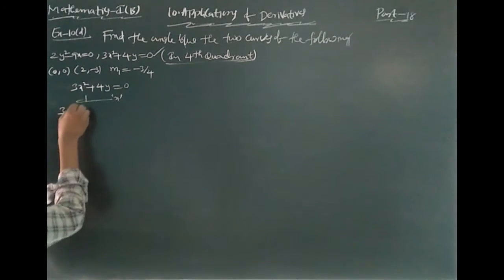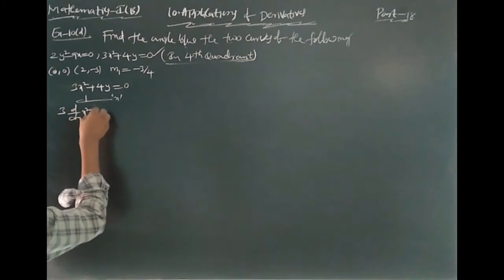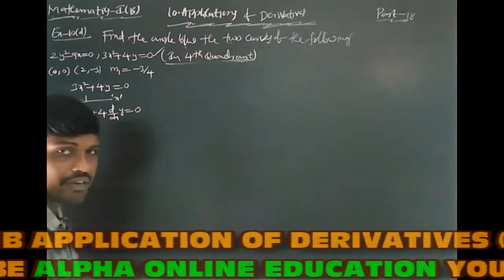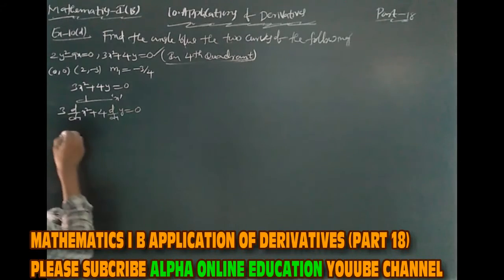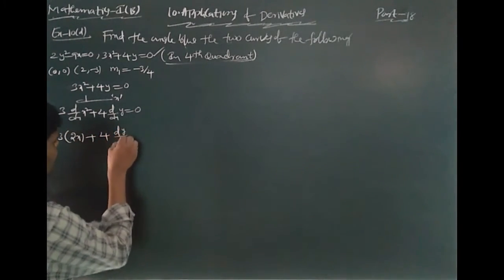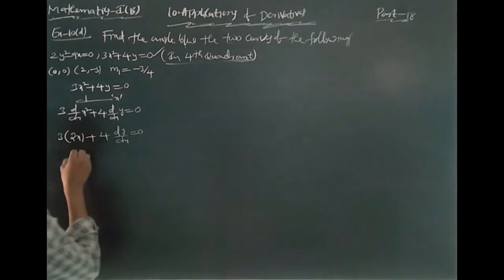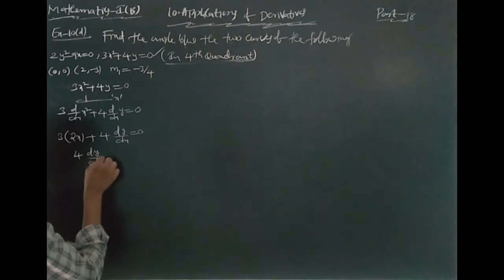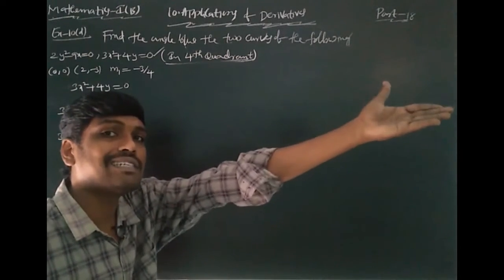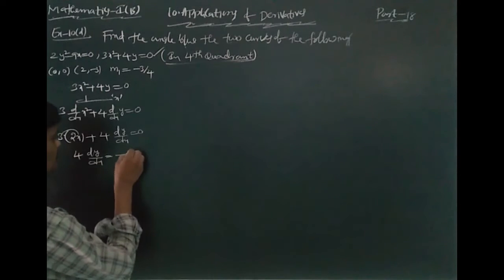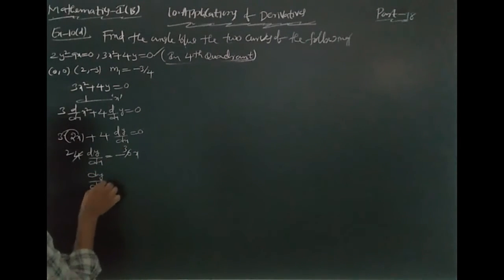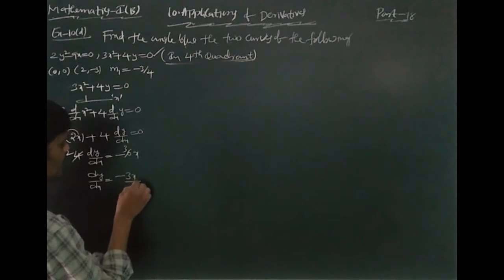You get 3 into the derivative of x² plus 4 into the derivative of y equals the derivative of a constant, which is 0. 3 into 2x plus 4 dy/dx equals 0. So 4 dy/dx equals minus 6x; the 6x goes to the right-hand side as minus 6x. Two 2s are 2, so dy/dx equals −3x/2.